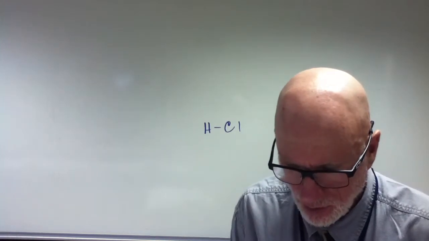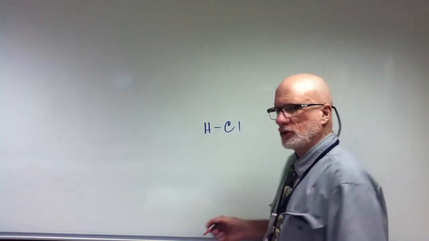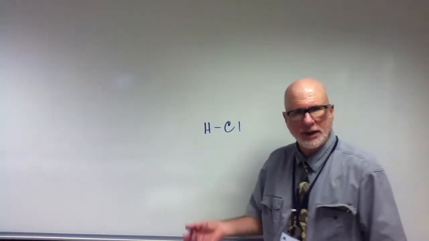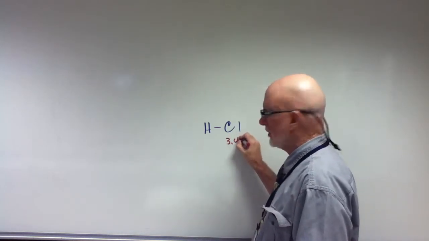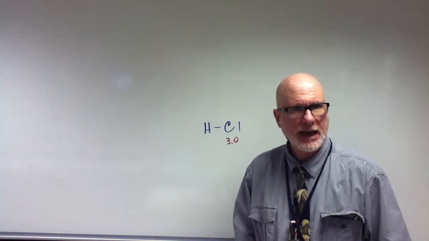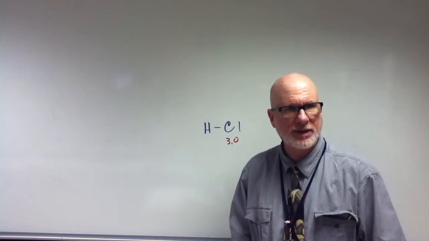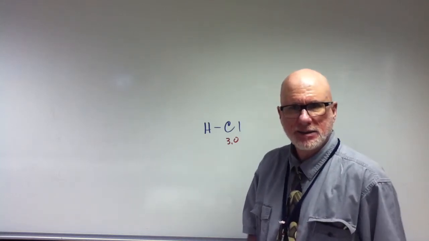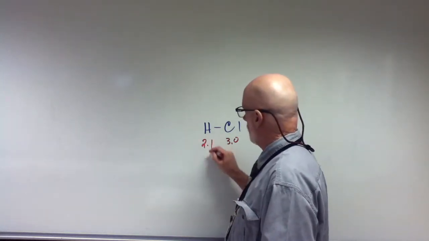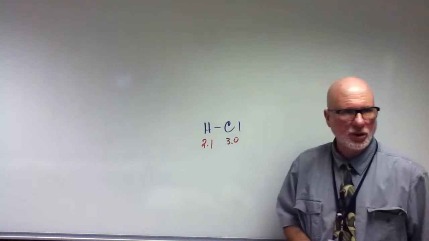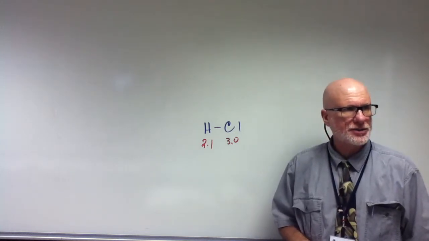Now, what is the electronegativity of chlorine? It's going to be 3.0. You've got to keep your electronegativity table out and somewhere safe. Hydrogen is 2.1. So what's going to have a greater pull on those two electrons?